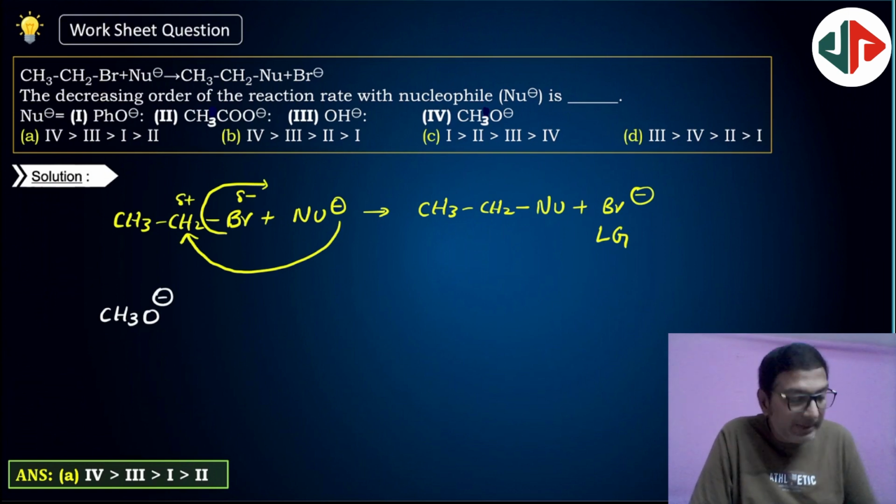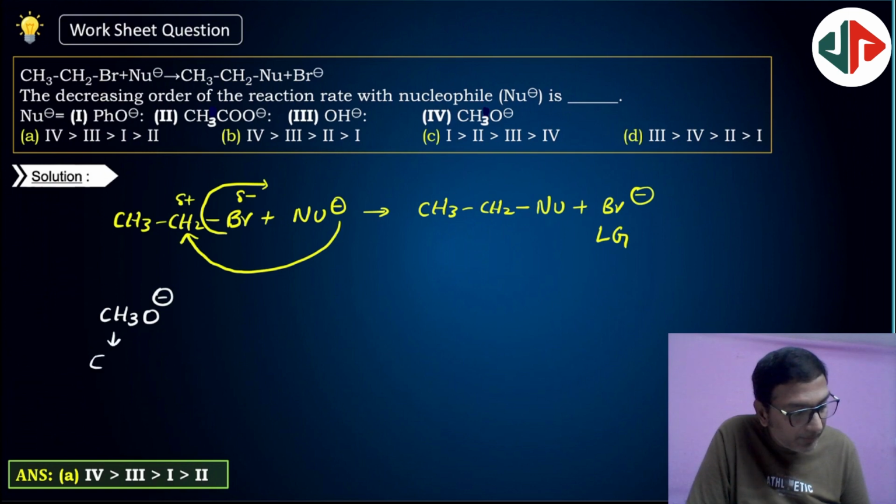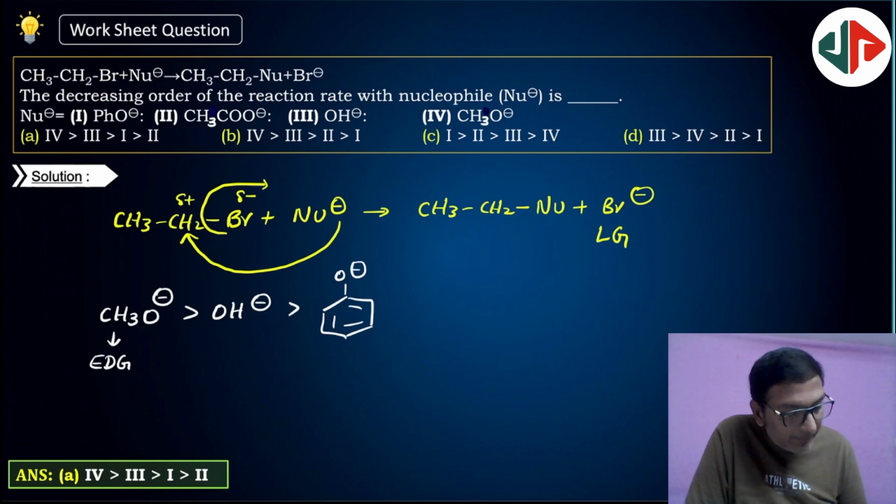The methyl group is electron donating. After that, the OH minus. After that, phenoxide ion. It is somewhat stable due to conjugation.